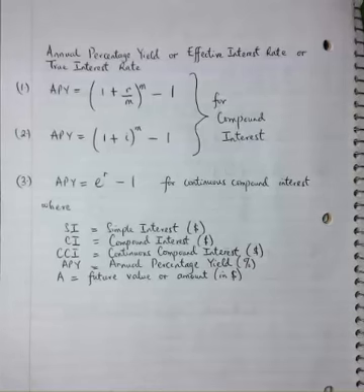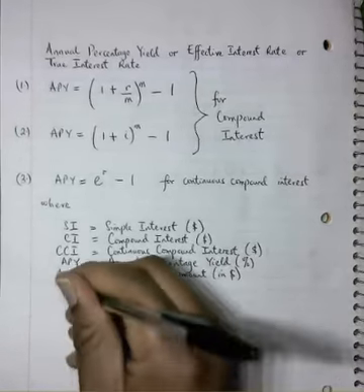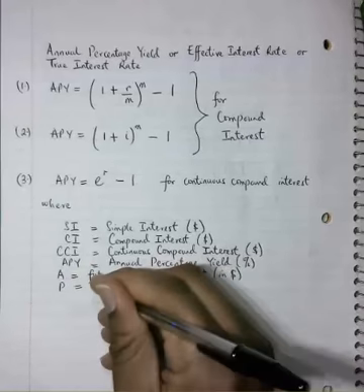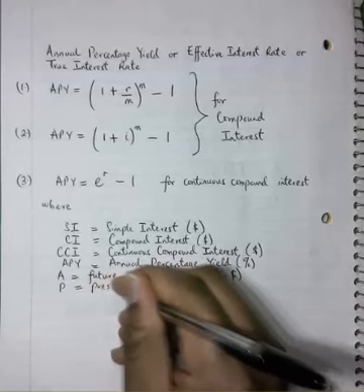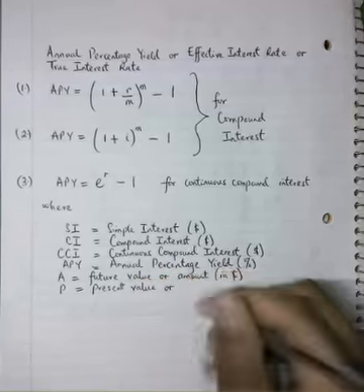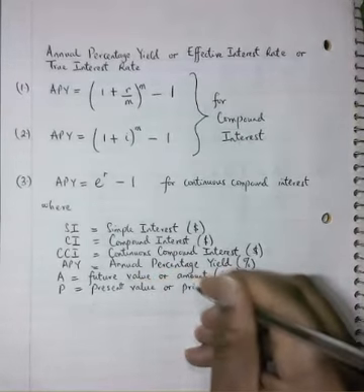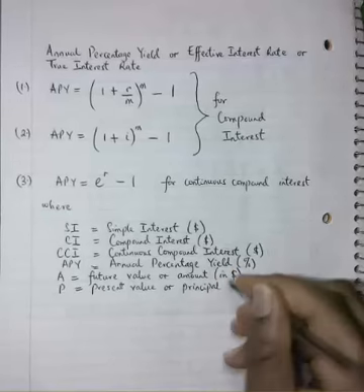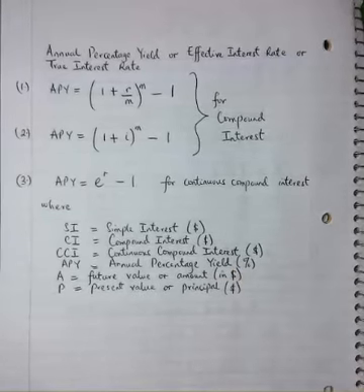P is our present value, or principal, in dollars, or, like I mentioned, any legal tender in your country.